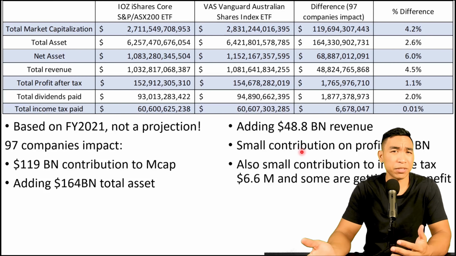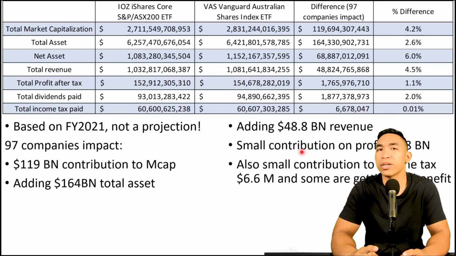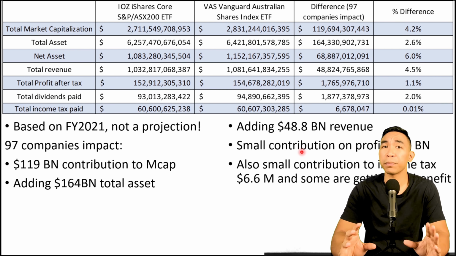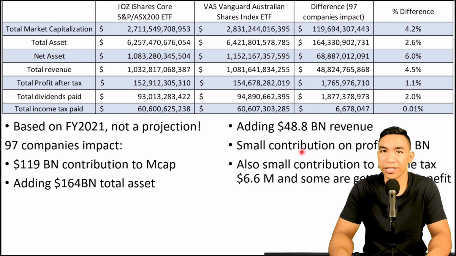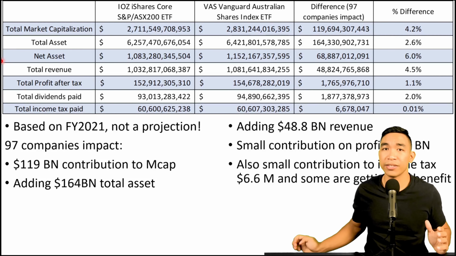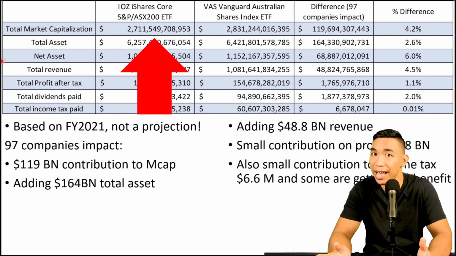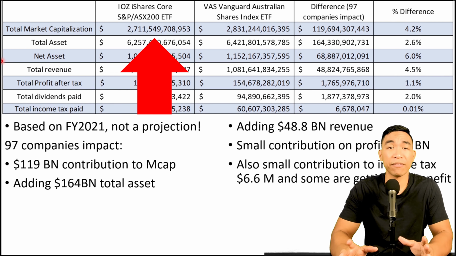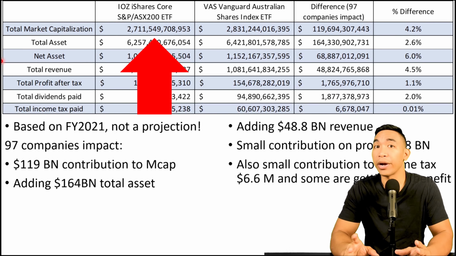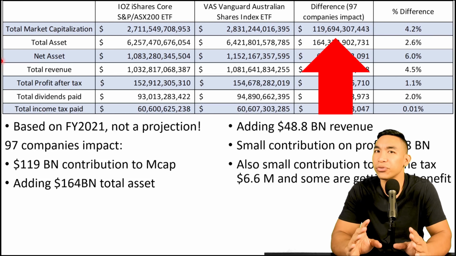And also the market capitalization is based on the share price around August 2021. It's not going to be 100% accurate, but it's close enough. So let's start with the market capitalization. What I found is that the total market capitalization for the top ASX200 companies combined is about $2.7 trillion, whereas the top 300 companies, or top 297 companies, is about $2.8 trillion.